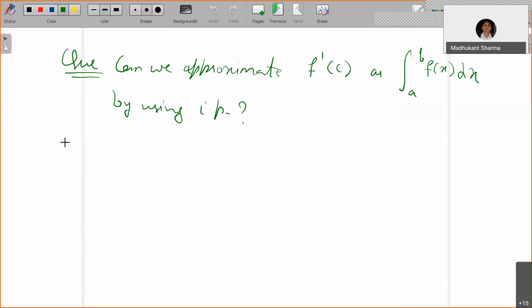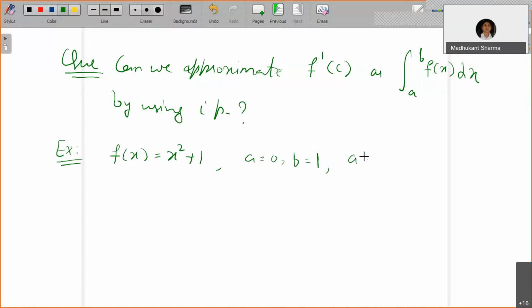Let me have an example here. Let f of x be a polynomial of degree 2, x square plus 1, and let a equal 0 and b equal 1. Let's take the value at the midpoint for getting the polynomial of degree 2.